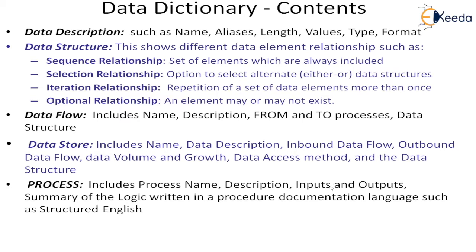That means the data flow that is coming into the process and the data flow that is going out. Summary of the logic is written in a procedural documentation language. So here your PDL is coming, procedural documentation language, or a program documentation language, such as structured English. So we can use structured English, and the structured English also becomes part of the data dictionary or the repository.